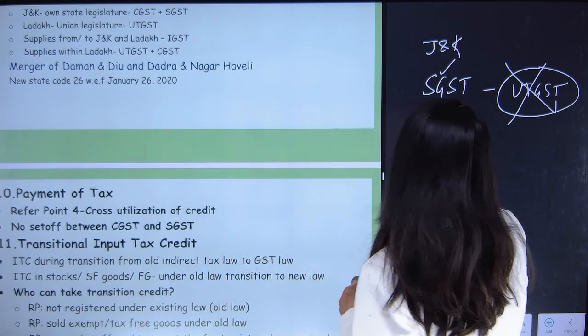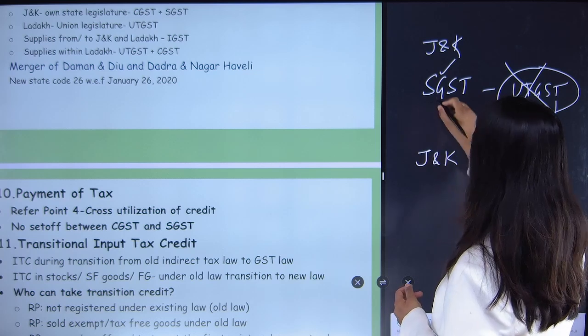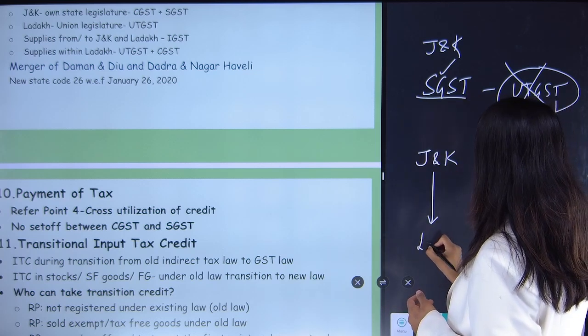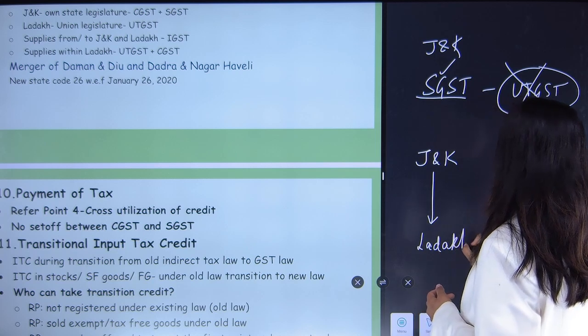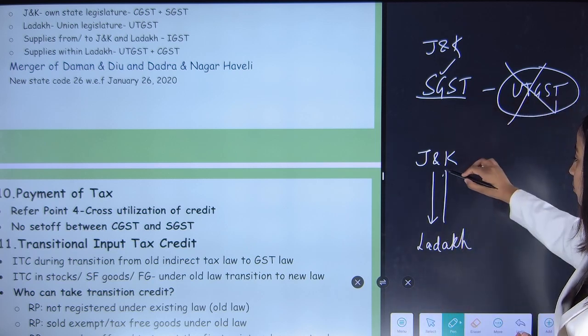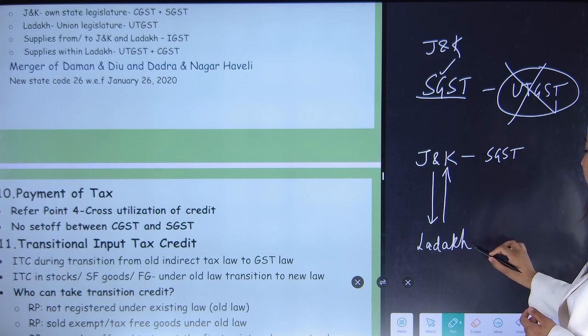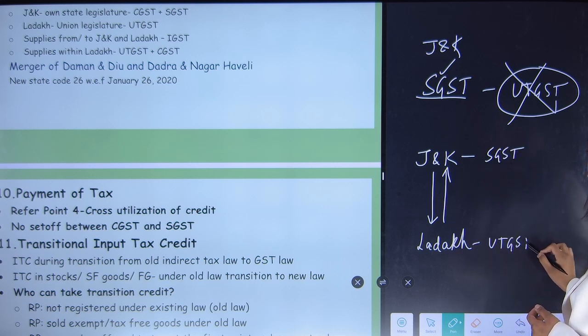Now, let's say this is Jammu and Kashmir, where we know state GST is applicable. You sold something from Jammu and Kashmir to Ladakh, or you sold something from Ladakh to Jammu and Kashmir. So here what is applicable? SGST is applicable. Here what is applicable? UT-GST is applicable.